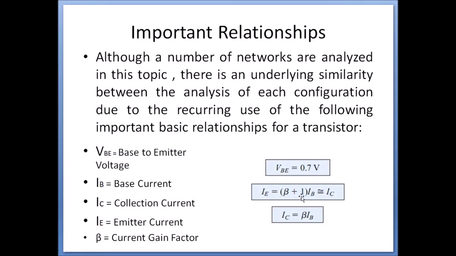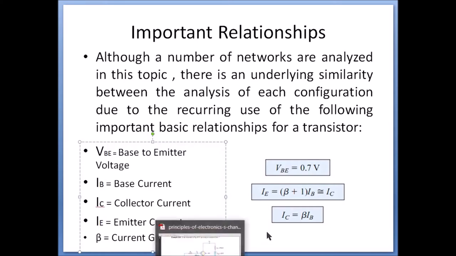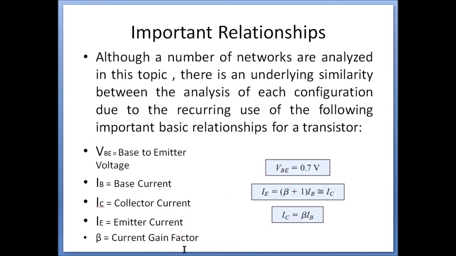IE is equal to (beta plus 1) times IB, which is nearly equal to IC, and IC is equal to beta times IB, where VBE is the base to emitter voltage, IB is the base current, IC is the collector current, IE is the emitter current, and beta is the common emitter current gain factor.